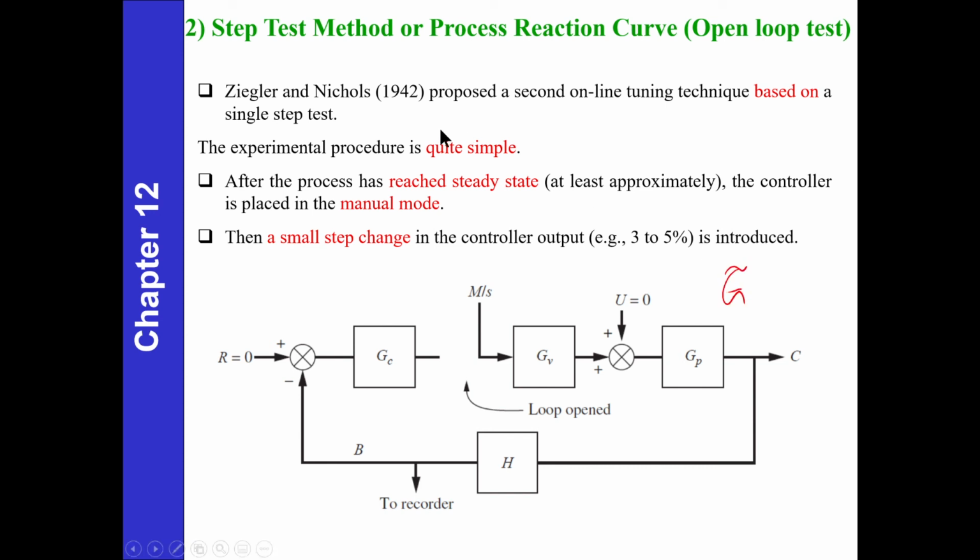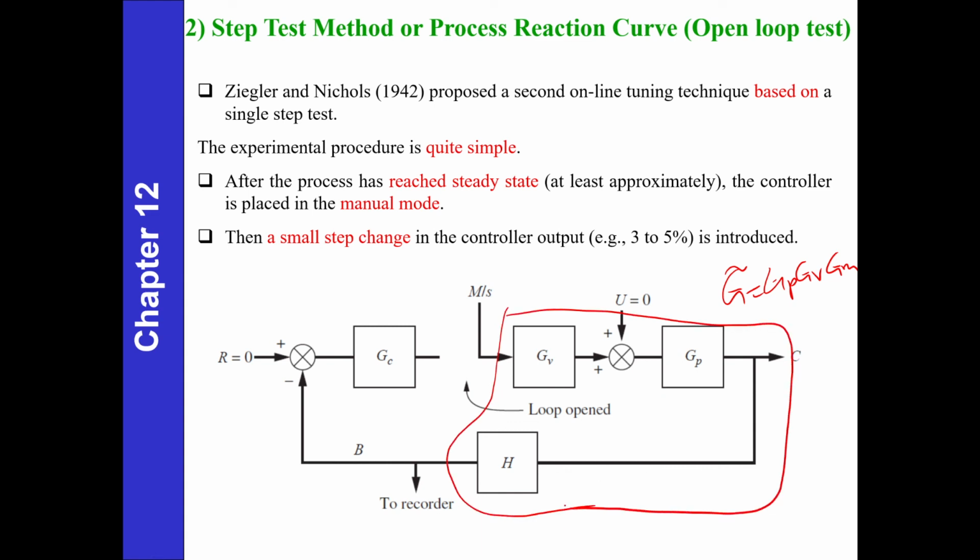So step test method or process reaction curve is for us to determine the G that came from our GP and GM. That's why it has to be in open loop, because you want to find this.